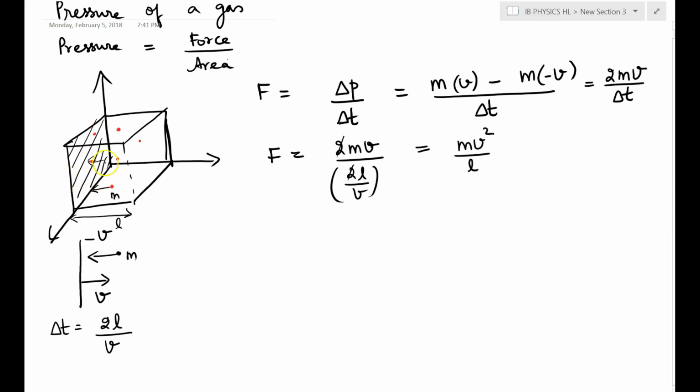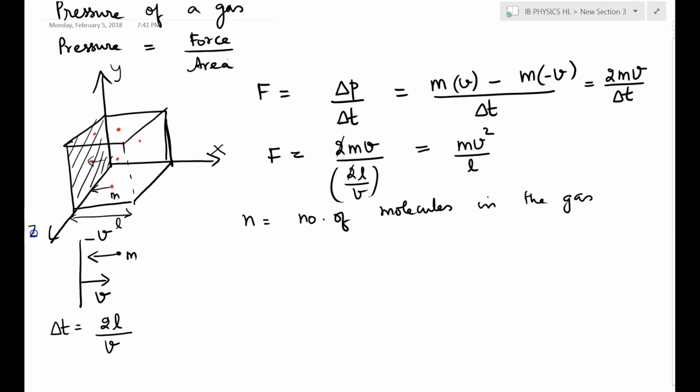But how many molecules are actually impinging on this wall? So let's say n represents the total number of molecules that are present in this volume of a gas. Are all the molecules moving in that direction? No. There are 3 preferred directions of motion, right?